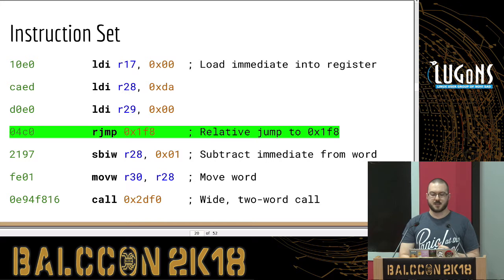And in addition to the long call and the long jump, we have relative jumps and relative calls, which, if you have a device with program memory less than 8 kilobytes, you can use to access all the locations in the program memory without using long calls. And those devices usually won't have the long call instruction anyway.